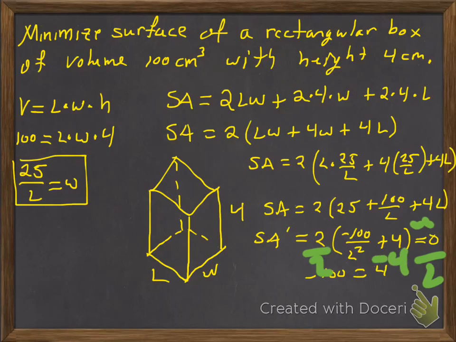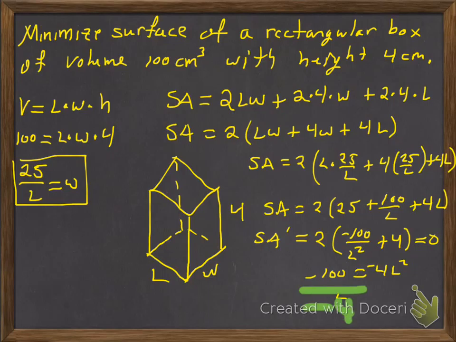And then after we've done all of that, we're going to clear the fraction. We're going to multiply both sides by L squared. We got negative 100 is equal to negative 4L squared. We'll divide both sides by negative 4. And we'll have 25 is equal to L squared.